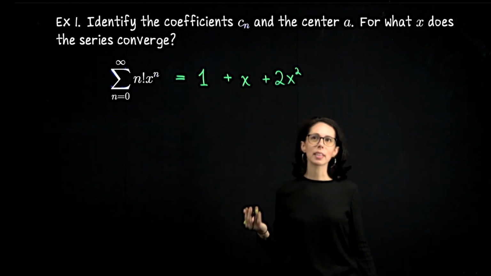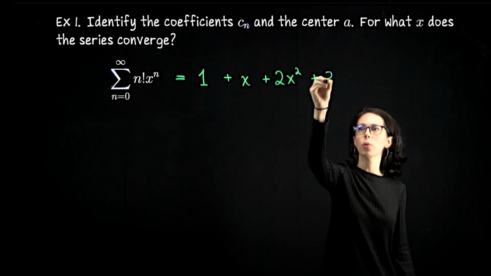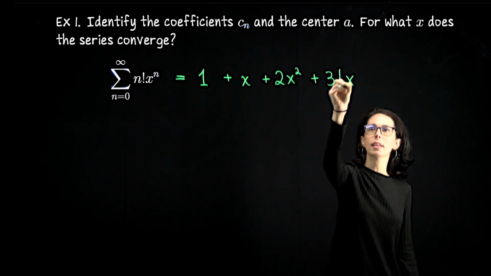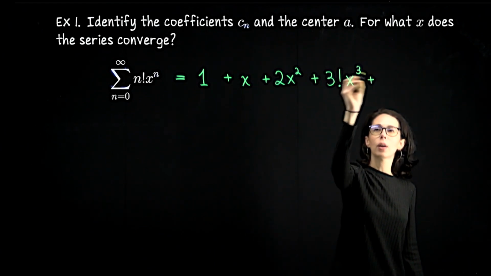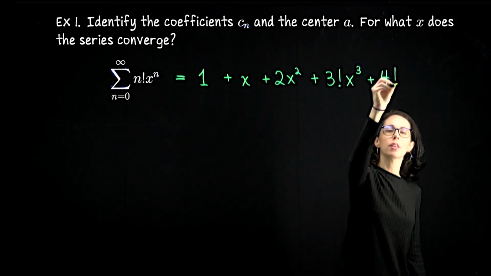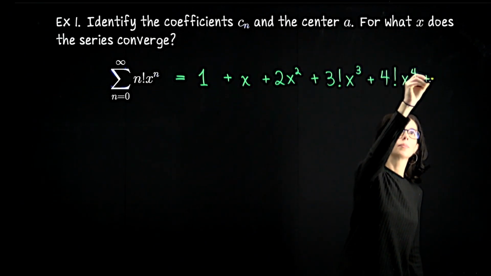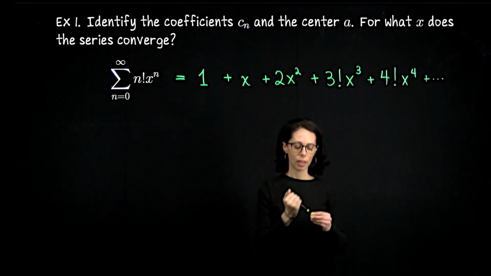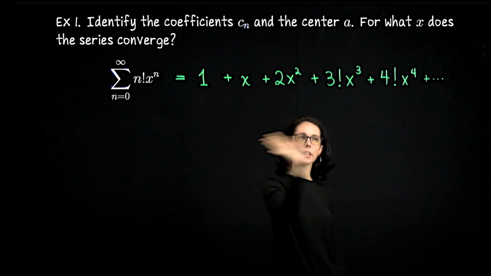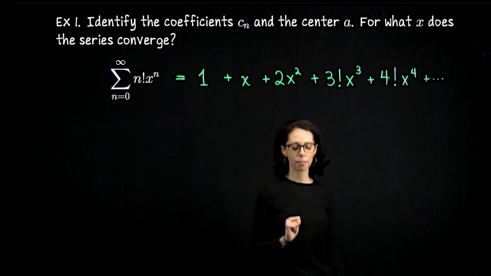Then 3 factorial is 6, but I'm actually going to write it as 3 factorial x cubed. Likewise, let's write 4 factorial x to the 4th, etc.